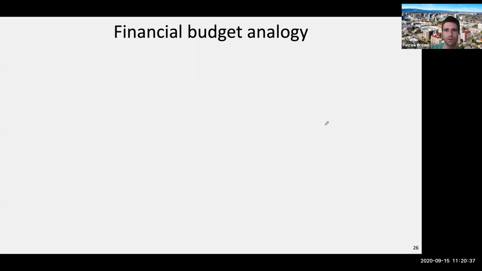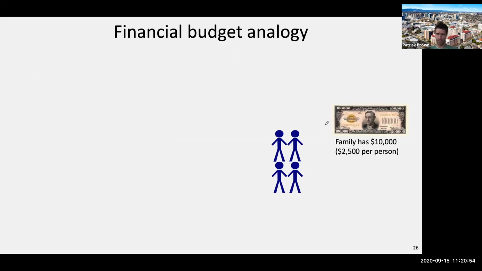And I just wanted to show how this is exactly analogous to the typical way that we use the word budget, so a financial budget. So just to flesh out this analogy, let's say we're talking about the budget of a family. A family of 4, and let's just put some round numbers on it. Let's say the family has $10,000 in savings.